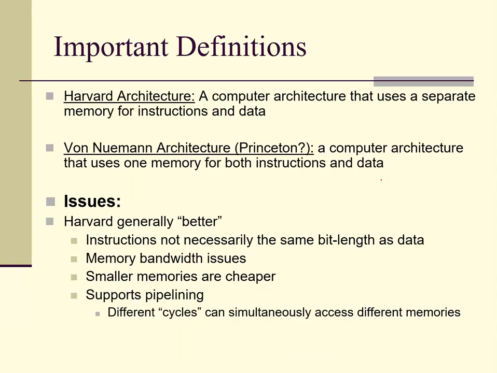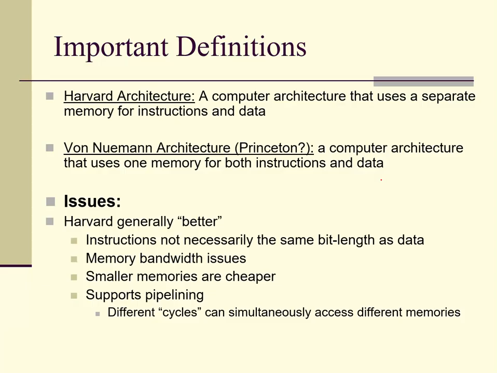There are two types of architectures out there, Harvard and von Neumann, also referred to as Princeton. Harvard architecture has a separate memory for data and instructions. Von Neumann architectures have one memory for both data and instructions.